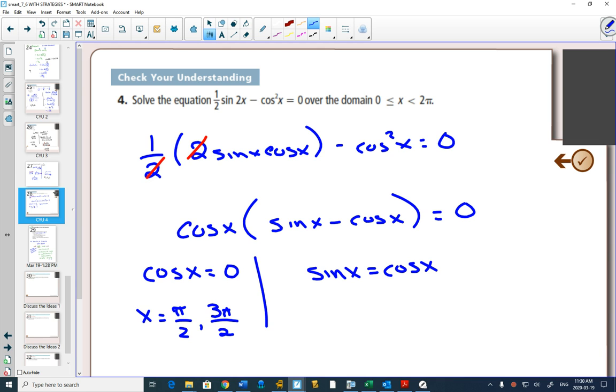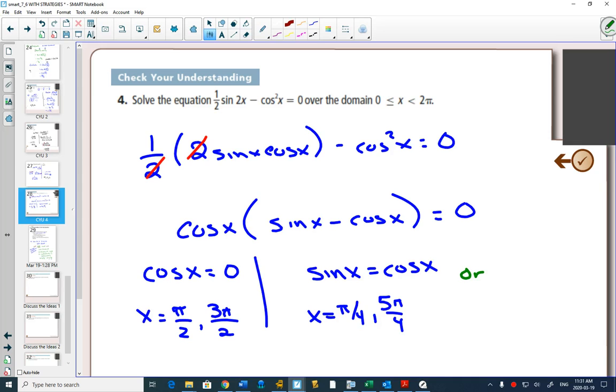This one is on your pie plate as well, and you have two options for solving this one. You can just think, when is my x coordinate and y coordinate the same? Pi over 4 and 3 pi over 4. No, 3 pi over 4, one's positive, one's negative. 5 pi over 4 is where they're both negative.